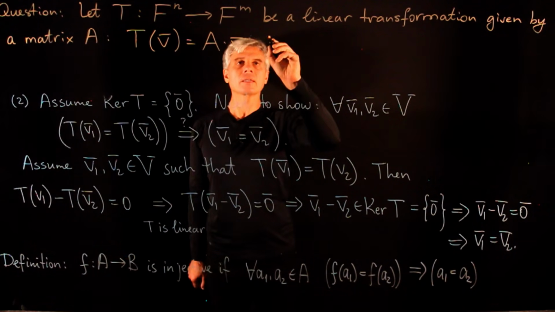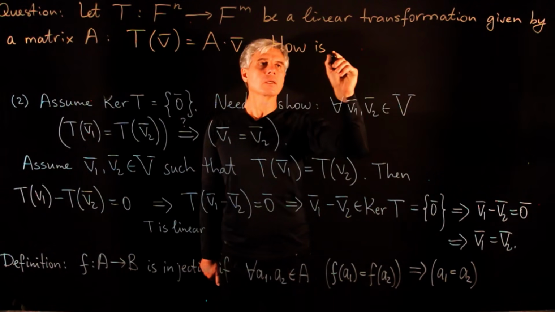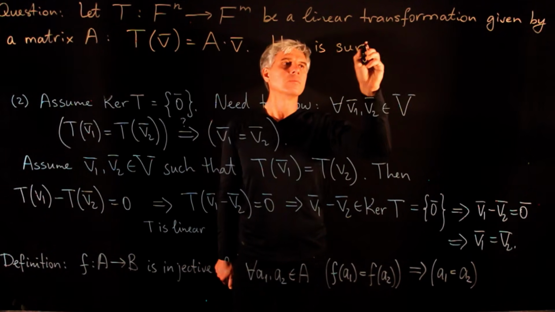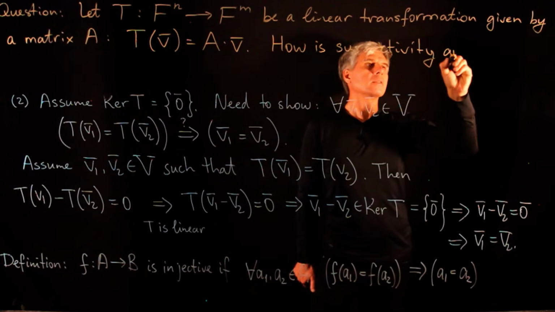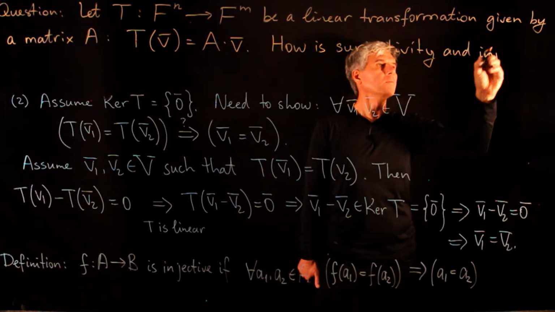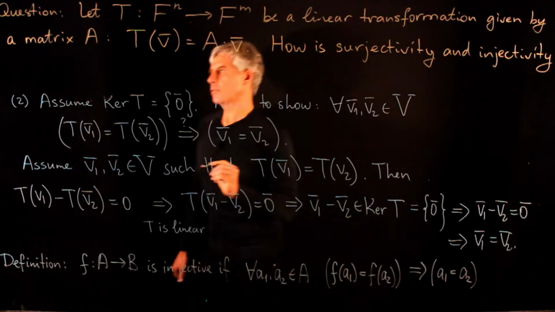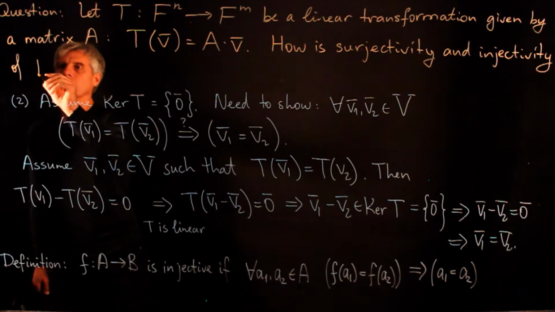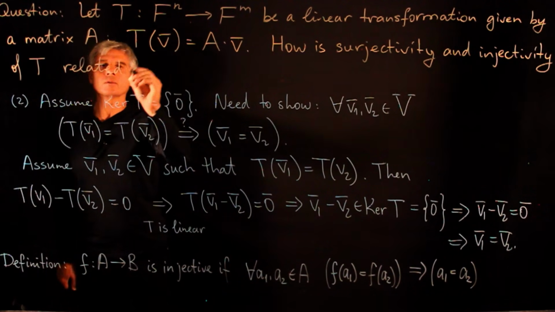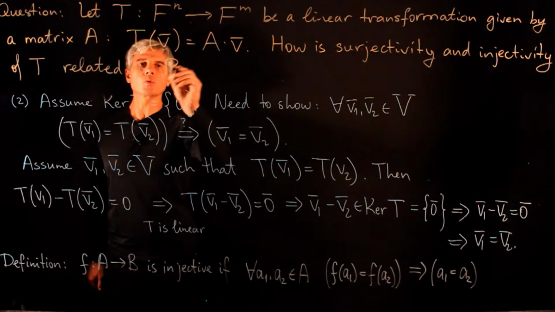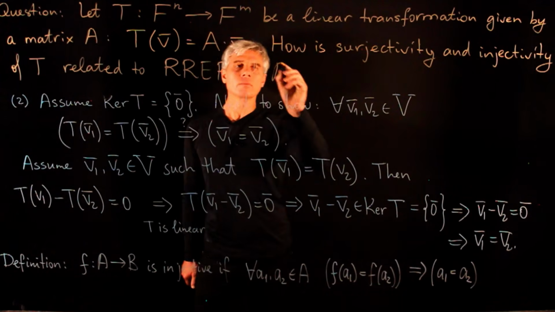And the question is, how are surjectivity and injectivity of T related to the reduced row echelon form of A?